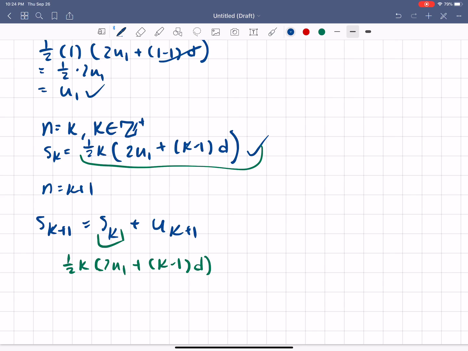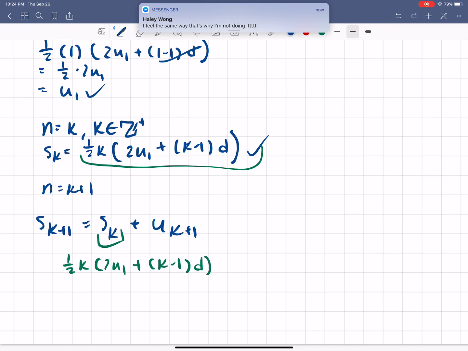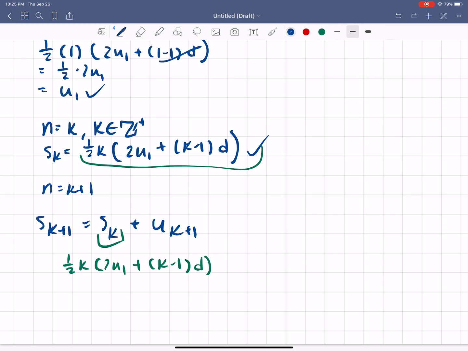U of k plus 1, we can just write that down as u1 plus kd, because along with the sum of k, we're adding k differences, if that makes sense. So we write k times d.